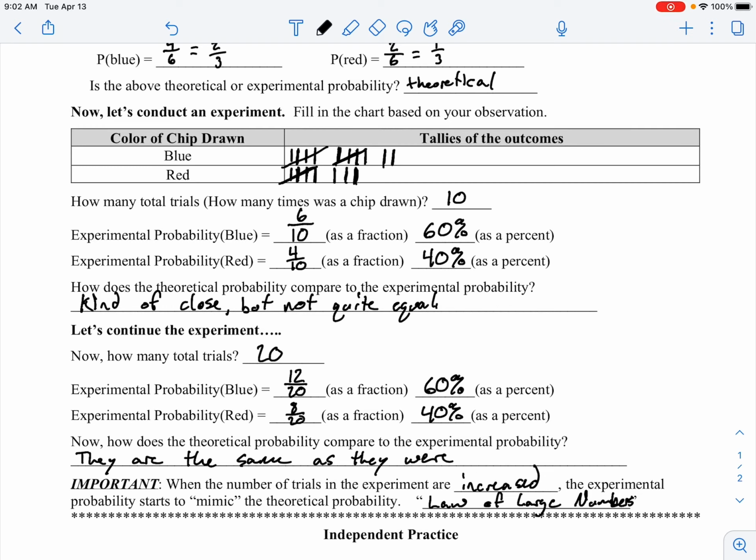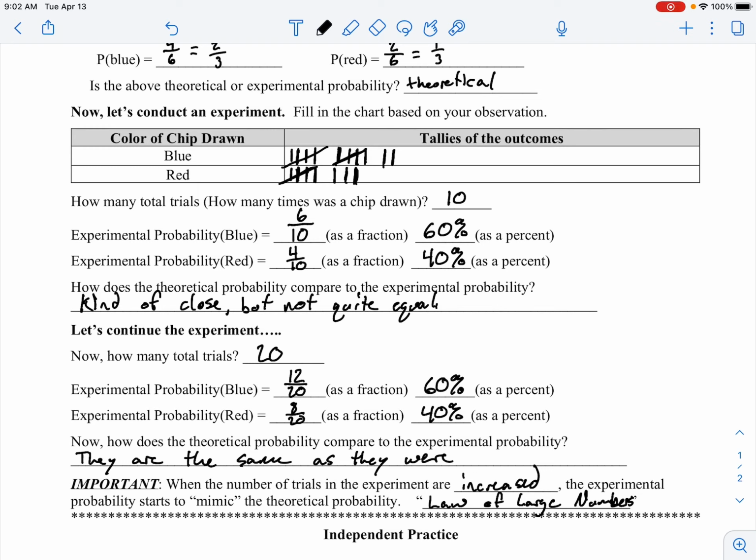The law of large numbers says that when we do more trials of our experiment, what we get when we actually do it gets closer and closer to the theoretical probability. So if I were to keep doing this experiment, my blue chips would get closer to 2/3, and my red chips would get closer to 1/3.